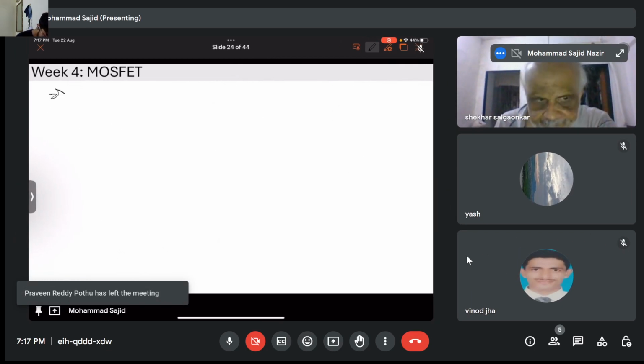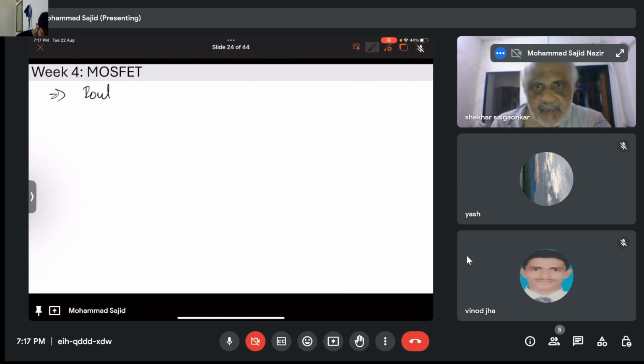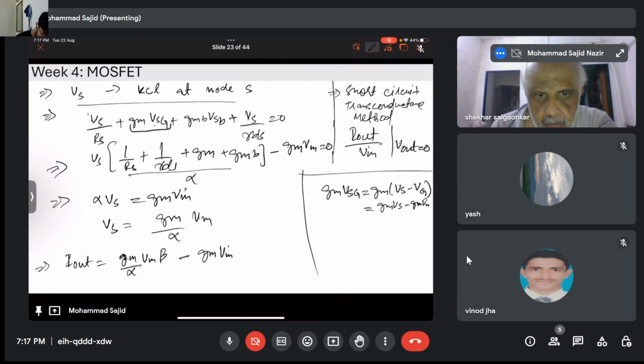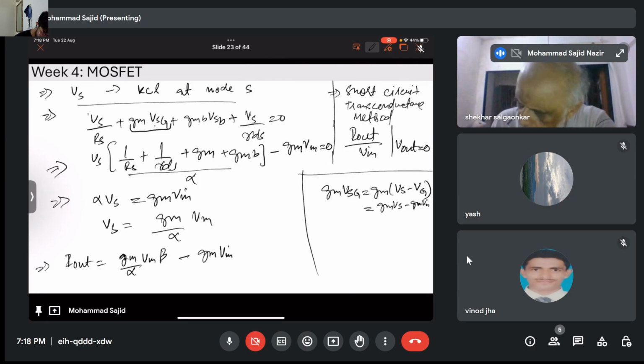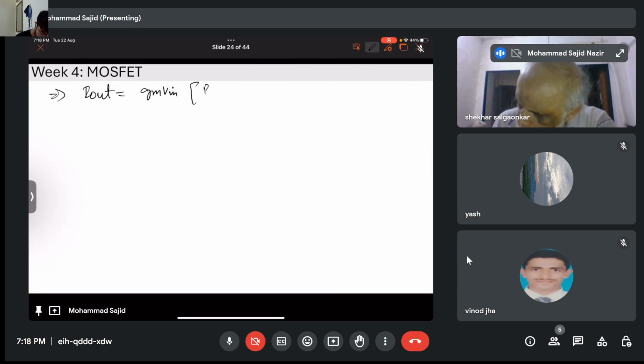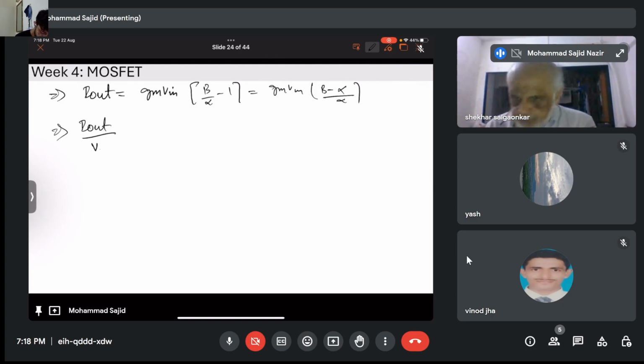So I output is Gm V in, I will take common. This is beta by alpha minus 1. So this will be Gm V in times beta minus alpha by alpha. So I output by V input is equivalent to Gm times that.